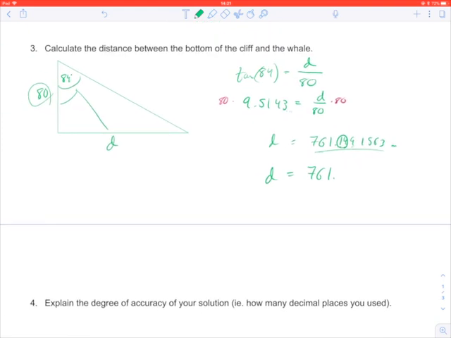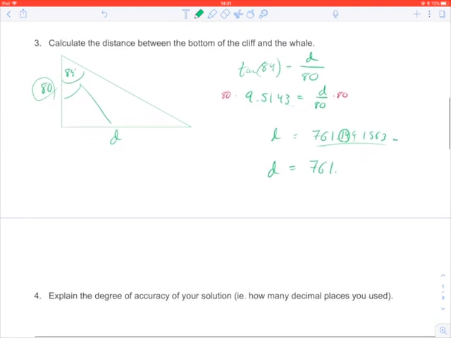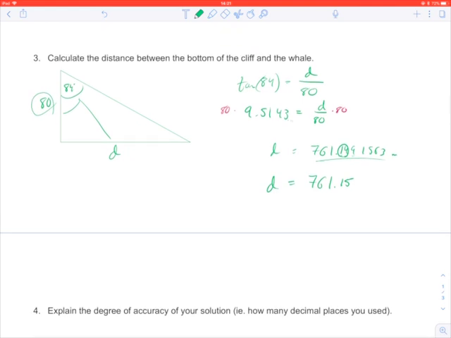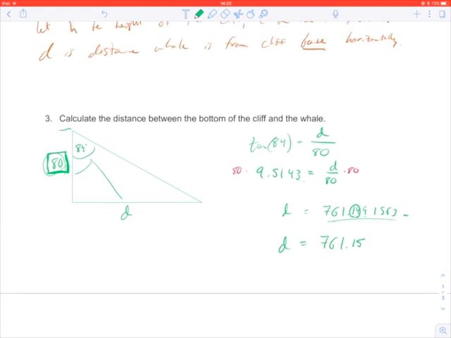We're talking about meters and the distance to the whale, degree of accuracy. I might be able to round to like 15 centimeters. That's as big as your hand. Is this really 80 meters exactly? Or could it be 80 and the size of your hand extra? Maybe, because there might be a little bump up here where you're standing.